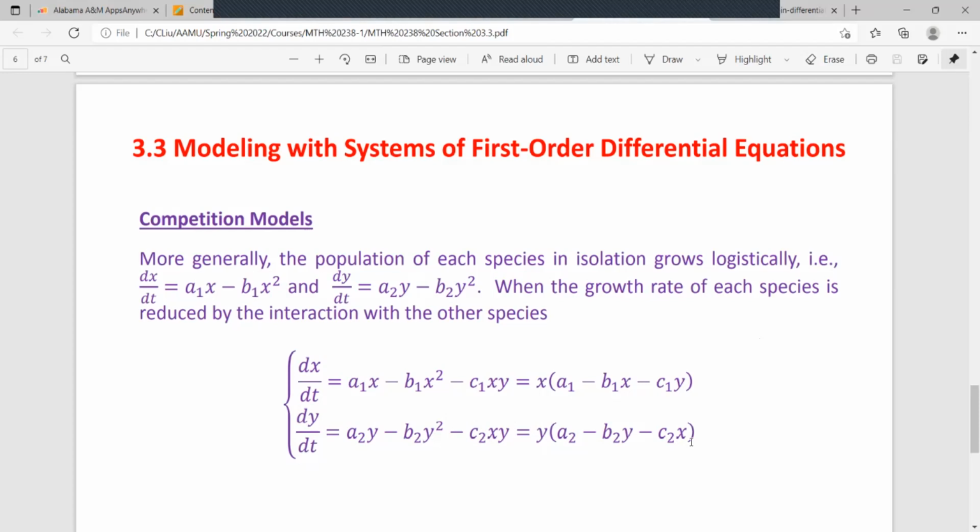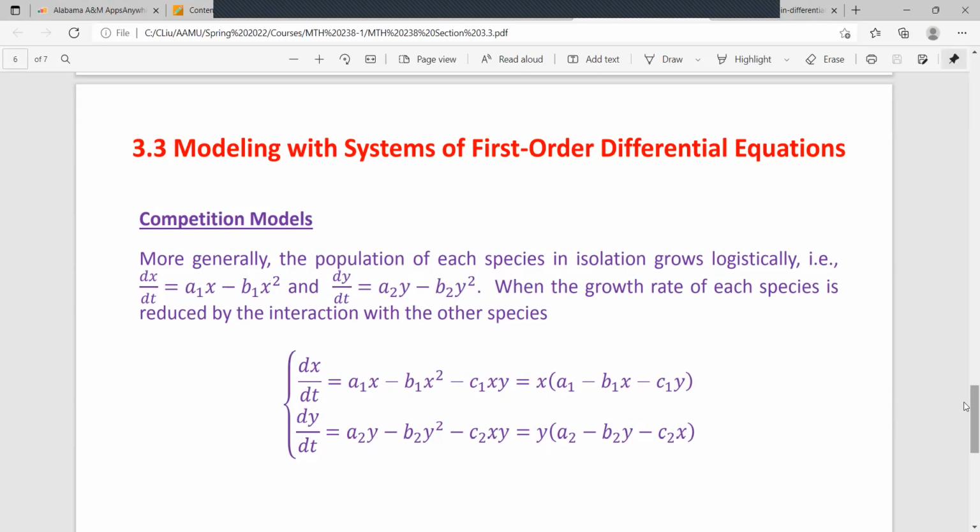Okay, so that includes the more general situations, which basically includes the competition inside the population, within the species, or with other species.